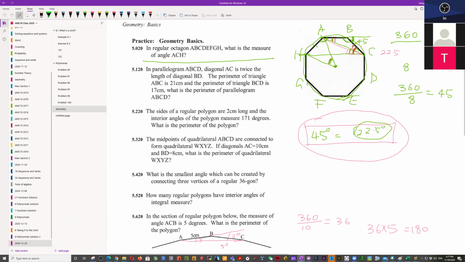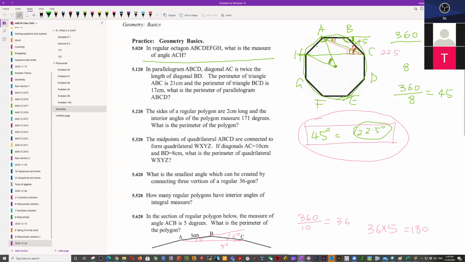We can put a circle on it, so all the vertices of the regular octagon touch the circle, and all the angles you make by connecting the vertices are some type of inscribed angle.